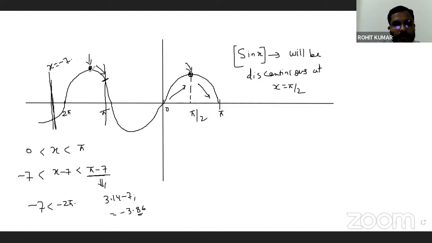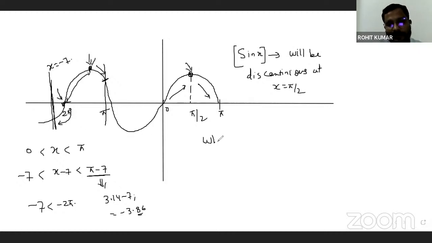Because from here to here, the value is between 0 and 1, at this point it becomes 1, so that's another point of discontinuity. When you go down from 1 to 0, the value of the greatest integer function is 0 at this point. And from here it will become minus 1, because we are going from 0 to minus 1, so the greatest integer function becomes minus 1. At this point, again, it will break.